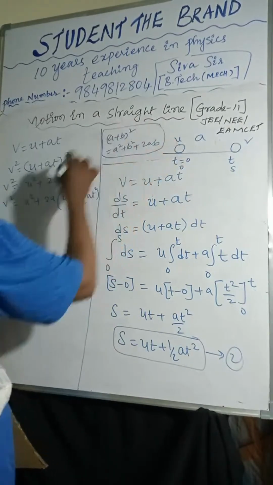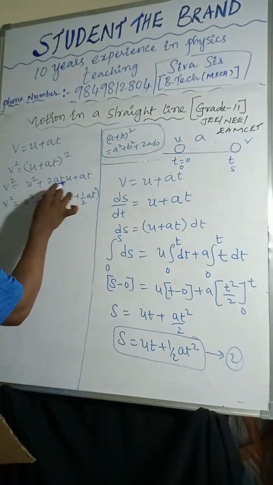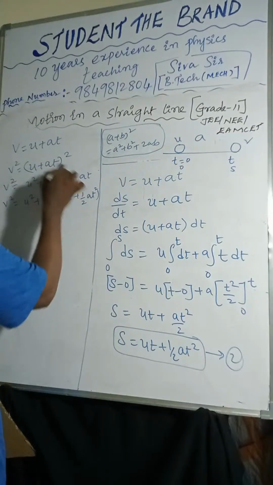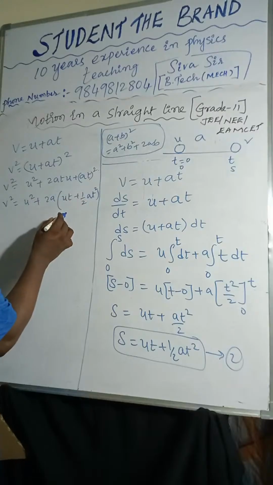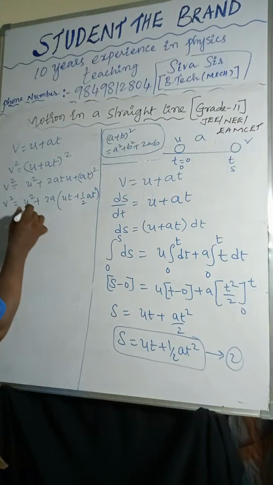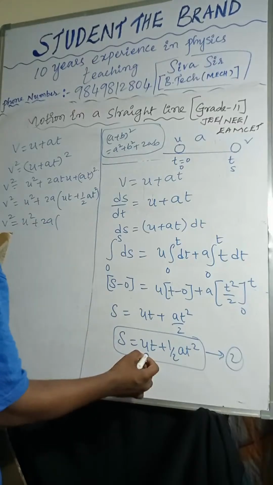According to that formula, we get u square plus 2at times u, plus the square of at. From that, taking 2a common, you get v square equal to u square plus 2a into, so what is it, ut plus half at square.